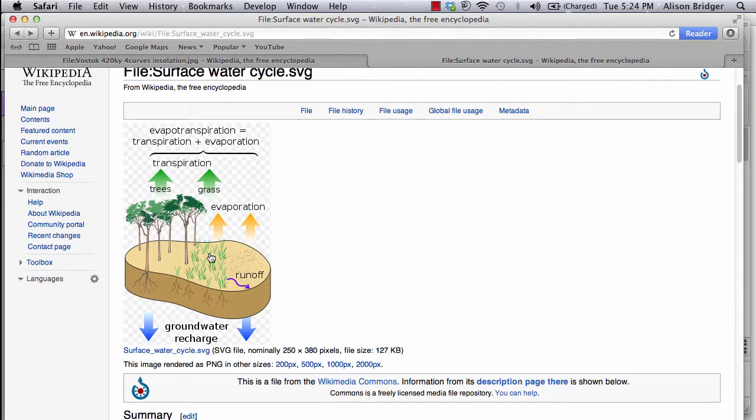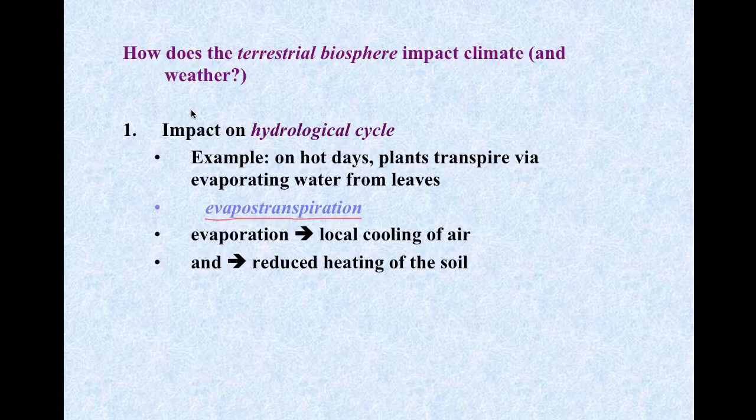The water on the ground is going to evaporate directly into the air, but there's also this transpiration process whereby water works its way through the roots of trees and plants and then out through the holes in the leaves of the plants, and that's the transpiration process. And when we put it all together, we call that net thing evapotranspiration.